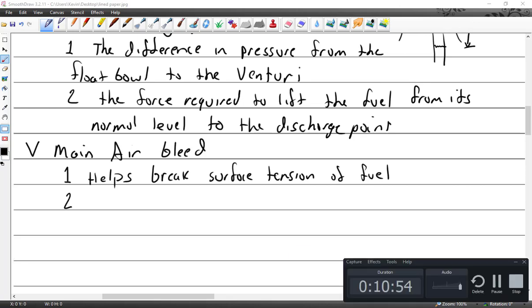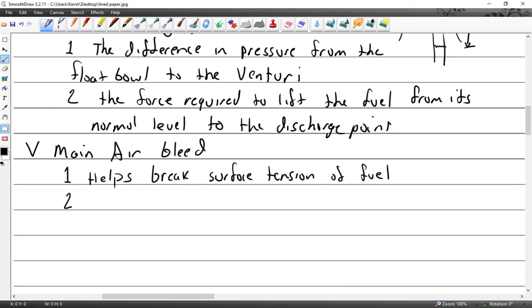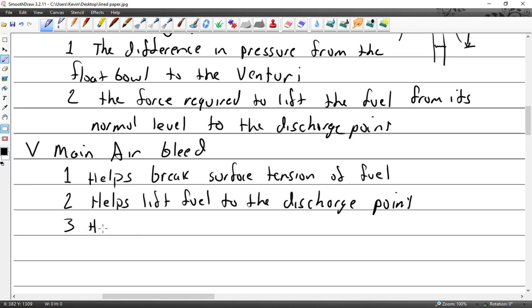Helps break the surface tension of the fuel. Then it helps lift fuel to the discharge point. Helps provide a more uniform mixture of fuel and air.